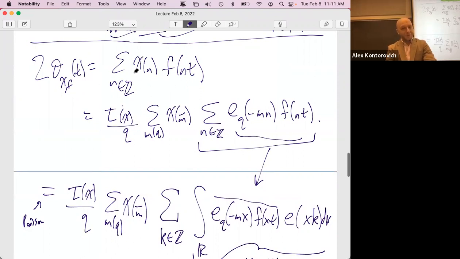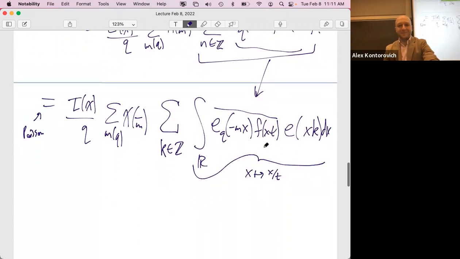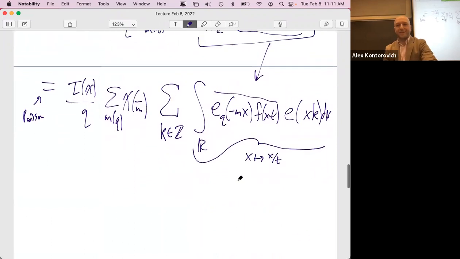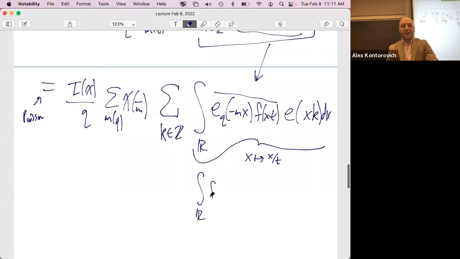Now we're summing over integers but twisted. We put out what chi is, and we replaced x by x over t. So that's still an integral over R. I have now an f of x, and these two things I can combine. They both have x's in them, so that becomes x over t times, what?